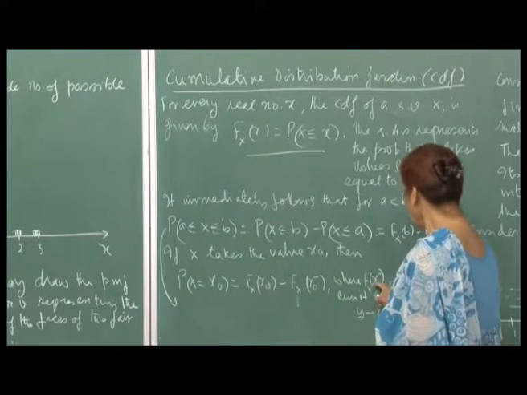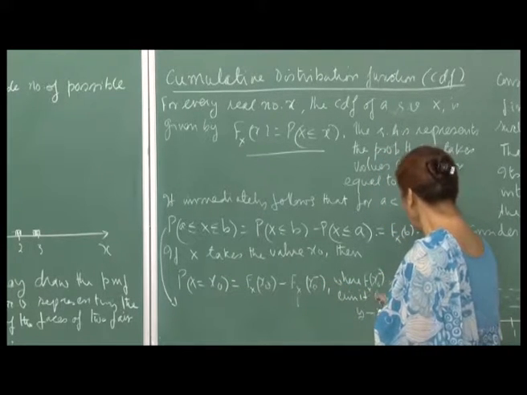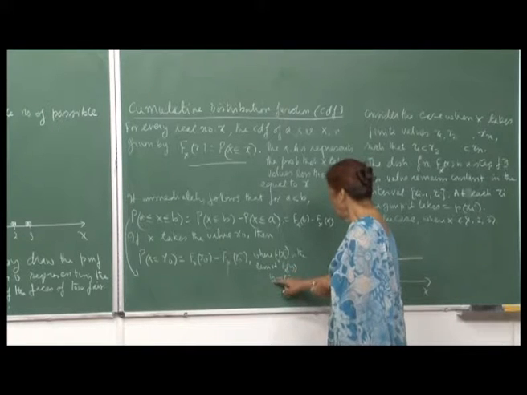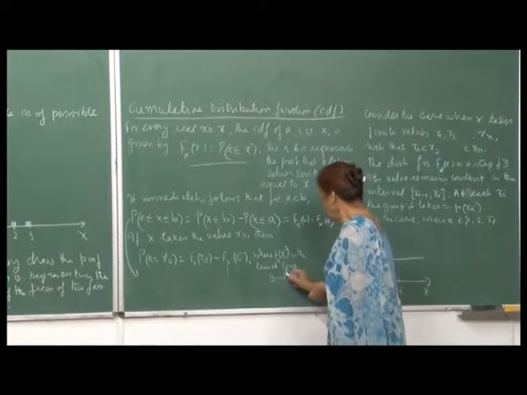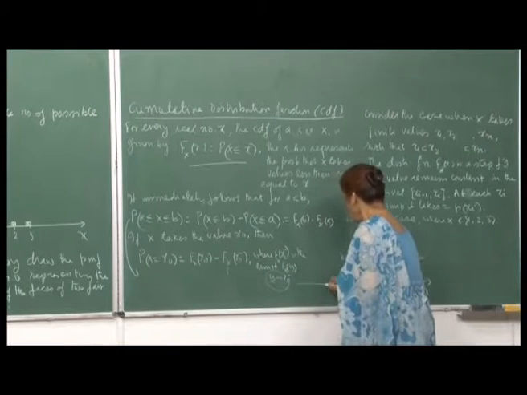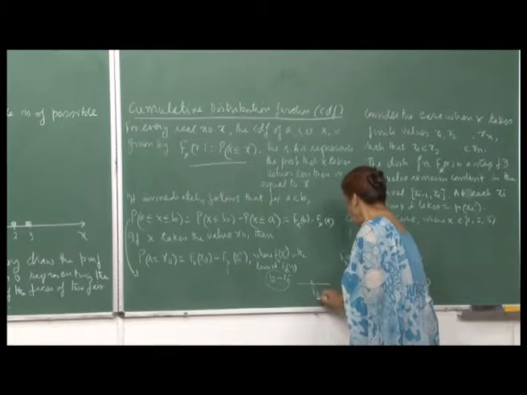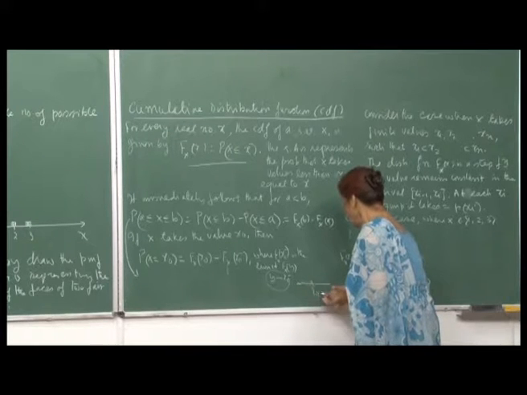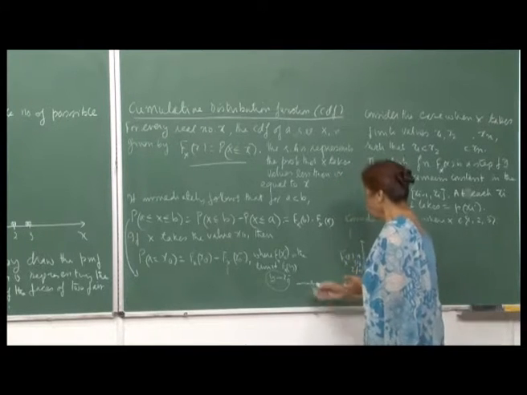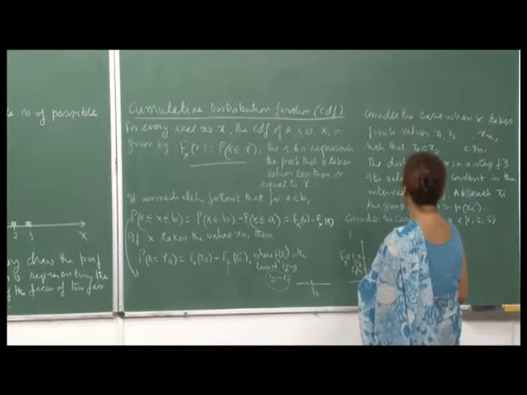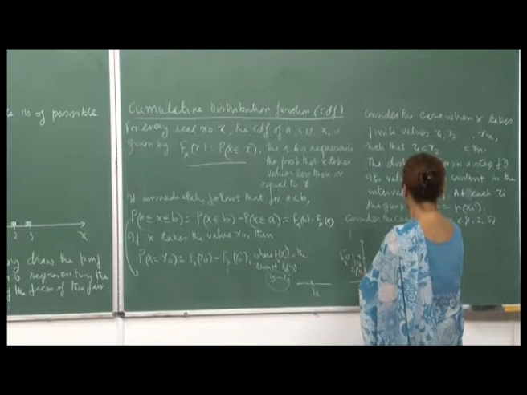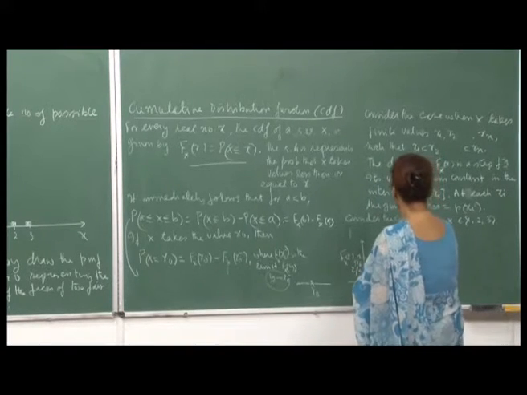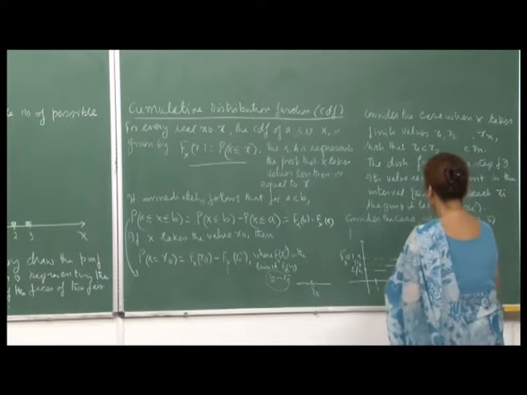F_X(x naught minus) is the limiting value of F_X(y), where y goes to x naught minus, and this notation means that you are approaching the number x naught from the left. This will be clear in a minute.